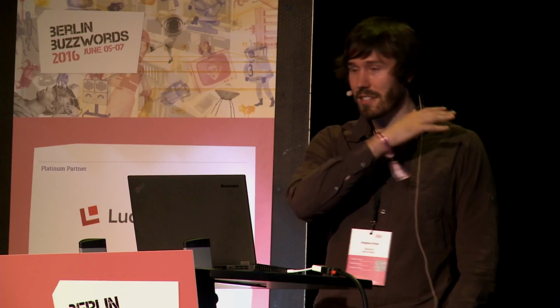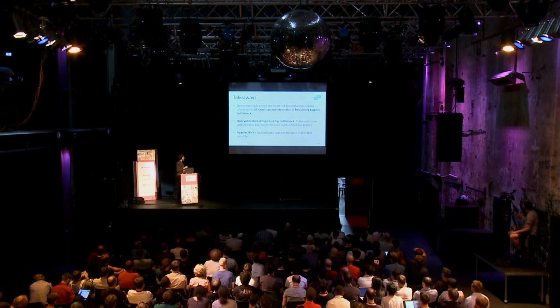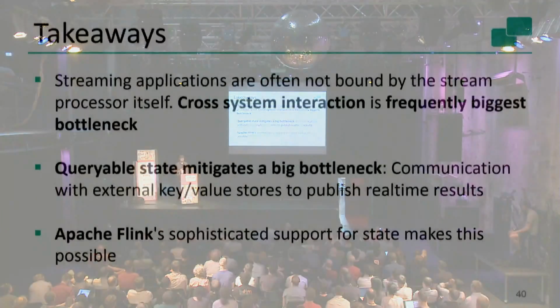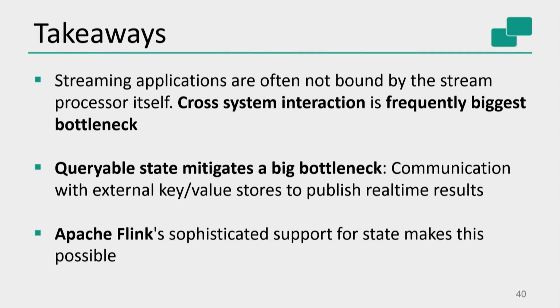The takeaways of this story are the following. If you completely zone out and didn't listen to anything, then pay attention just to these two slides. One thing that is very, very interesting to know is that cross-system interaction is frequently the biggest bottleneck. It's often just not in the stream processor itself.